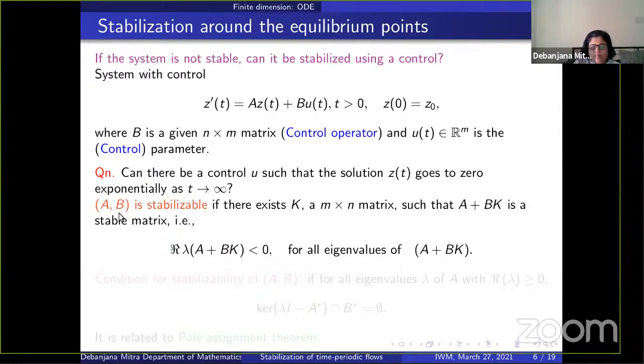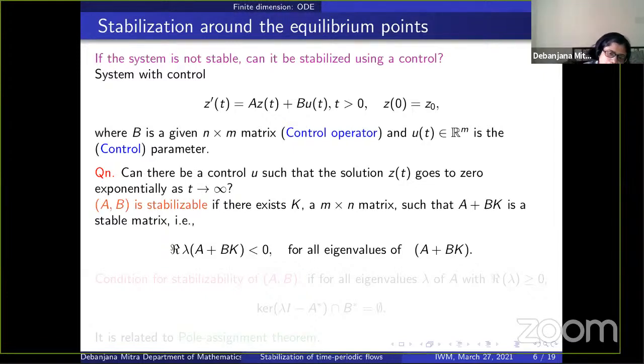So when we ask to check the stabilizability of this system with control operator B, it boils down to checking if such a matrix capital K exists such that the spectrum of A plus BK lies in the left half plane in the complex plane.